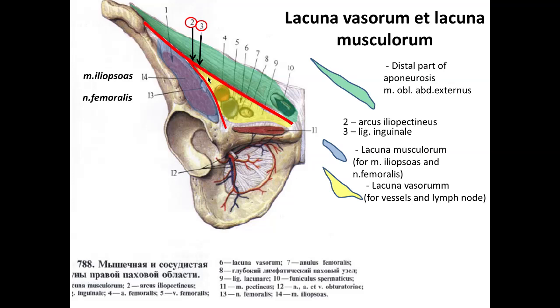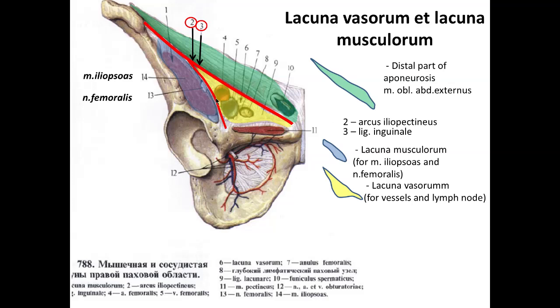But if we watch the same structures from the posterior view, from the back, we can say that they are arteria et vena iliaca externa. It means that between arteria iliaca externa and arteria femoralis there is a border which is ligamentum inguinale.